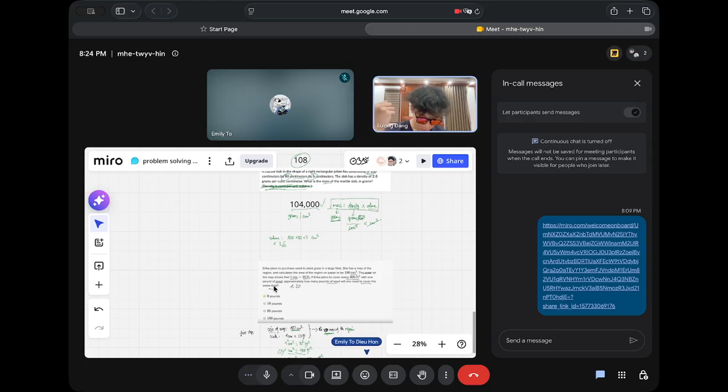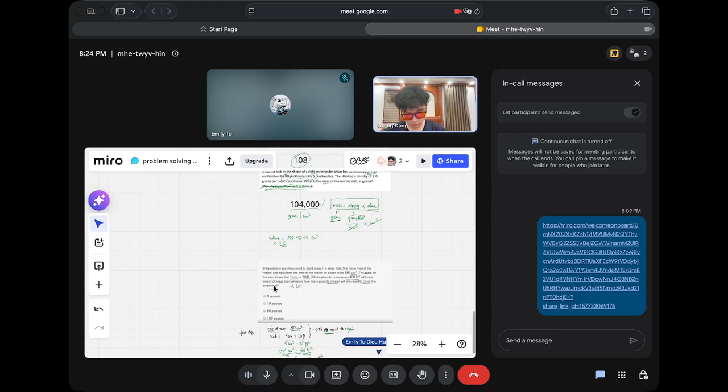Okay, so let me check. No, actually, right here you need to multiply it by 180, so you also need to multiply 400 by 180, right?